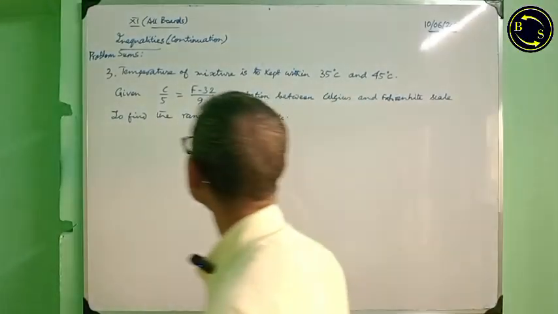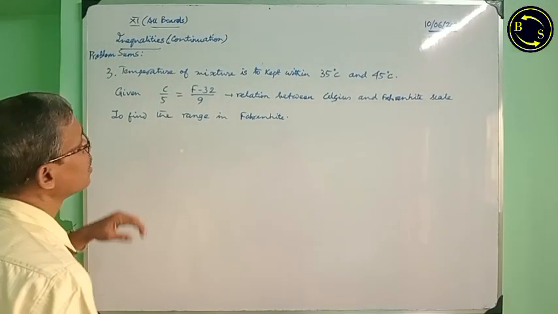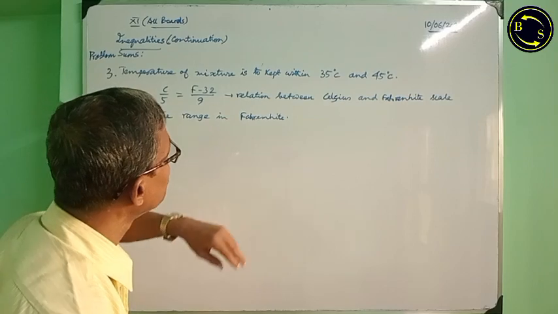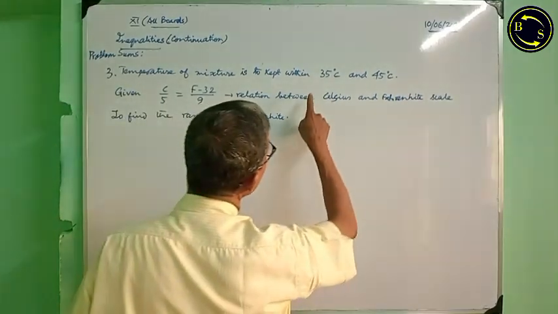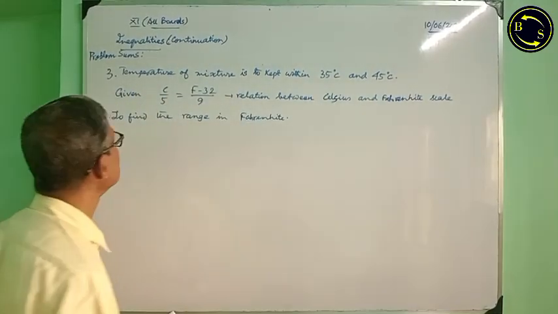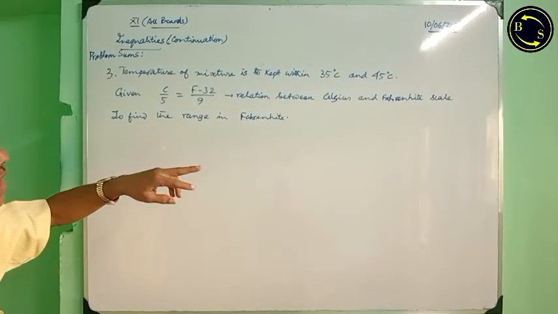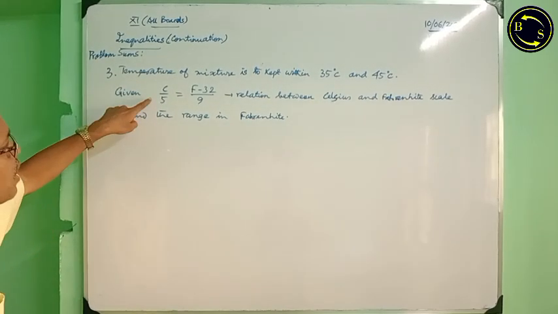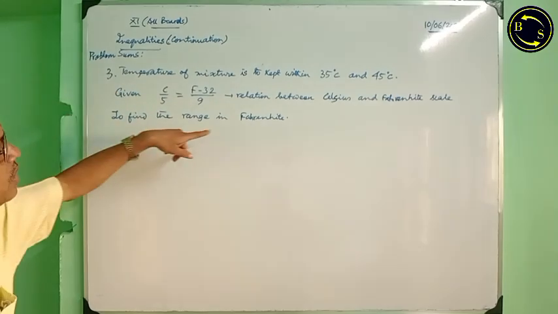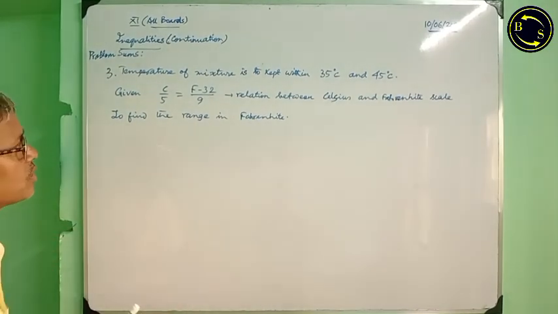Next sum, temperature of a mixture is to be kept within 35 degrees Celsius and 45 degrees Celsius, and the relation between Celsius and Fahrenheit scale is given by this one. We have to find the range in Fahrenheit. This is the sum.